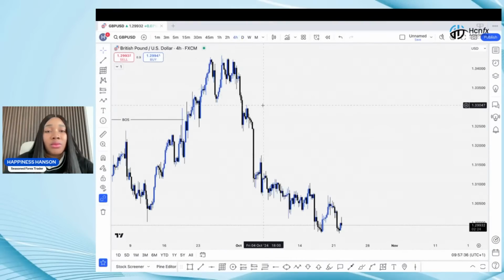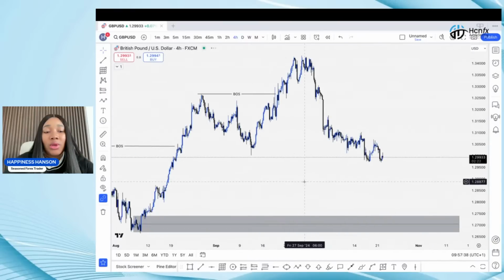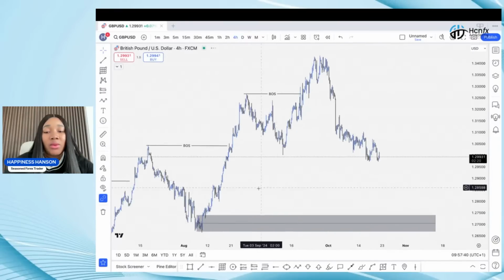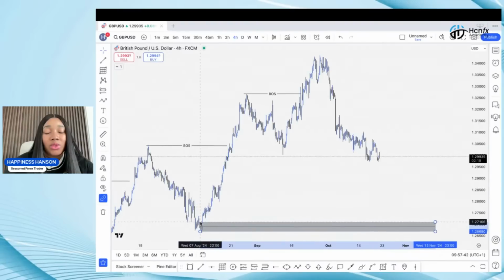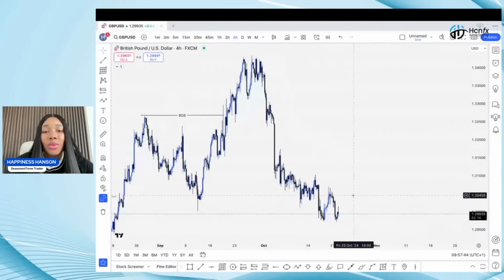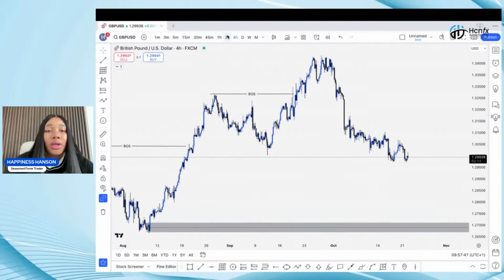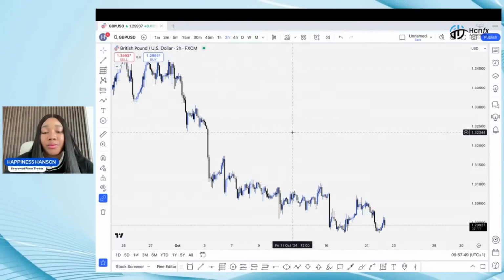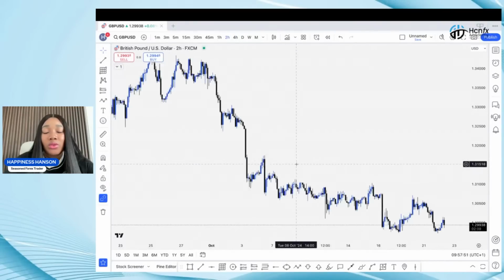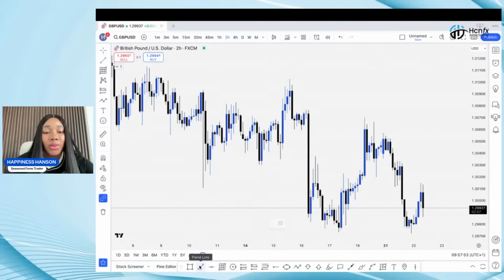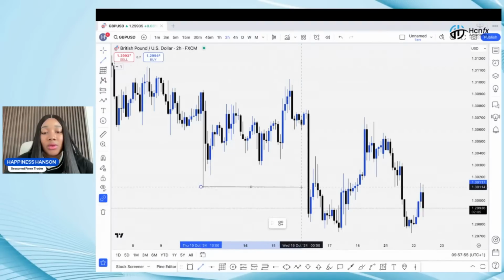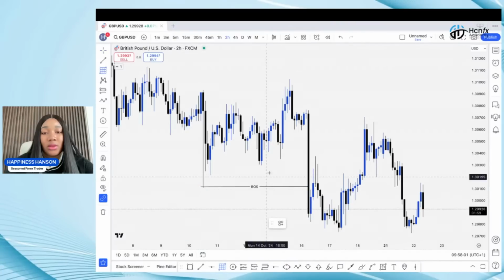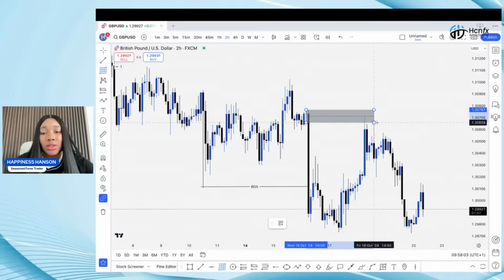So let's view from the 4-hour time frame. The 4-hour aligns with the daily time frame, so we just refine, which is this level. From the 2 hours, reading the bearish structure, we have this break of structure here to the downside, and this being the origin, price mitigated.